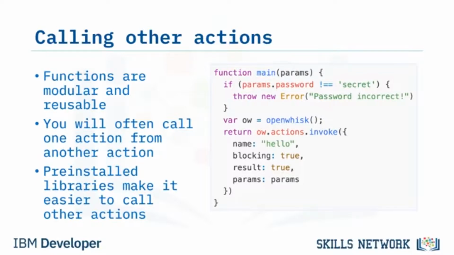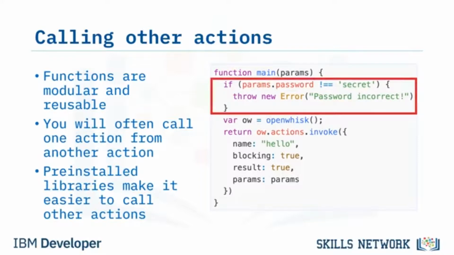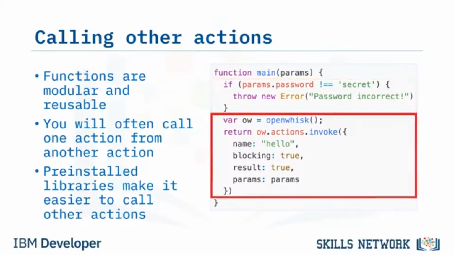This code uses the Node Package Manager, NPM, Apache OpenWhisk JavaScript library, which is pre-installed in the Cloud Functions environment, so you don't need to package the code. Invoking this proxy action with the incorrect password throws an error, while invoking the proxy action with the correct password will call your hello function.